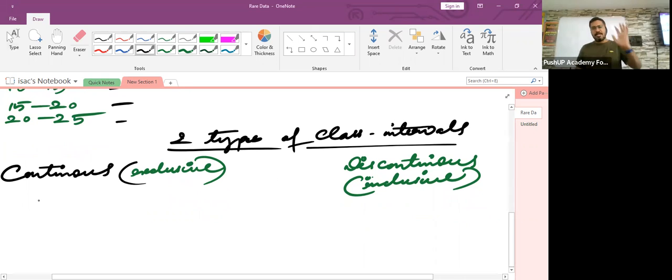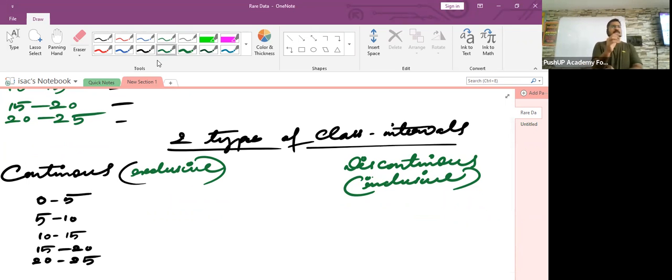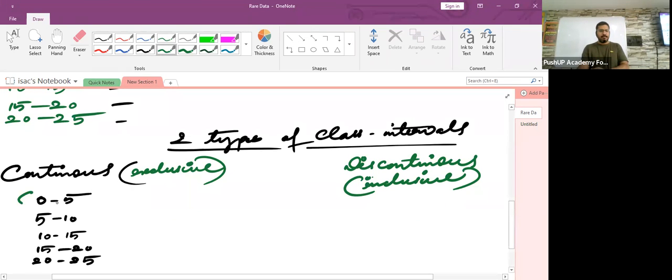Without illustration, you will never understand anything, children. The same class intervals which I wrote above: 0 to 5, 5 to 10, 10 to 15, 15 to 20, and 20 to 25. If I ask you for the first class interval 0 to 5, what is the lower value? Upper value?